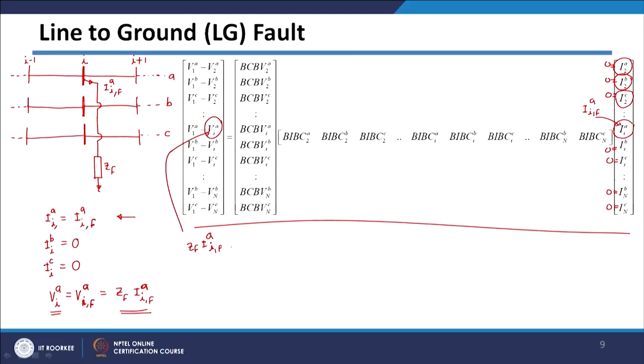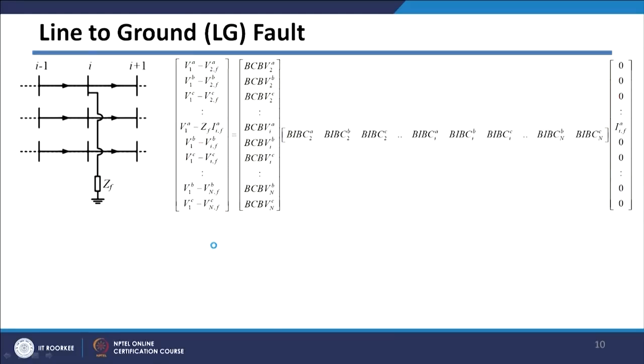So I am going to replace all these currents by 0 except this current, and then there will be post fault voltages at all the buses, and we know this voltage will be equal to ZF multiplied by the fault current in A phase. So after replacing this voltage here, this term is replaced, and as I told you, I am replacing all currents to 0 except this current here. All the other currents will be negligible.